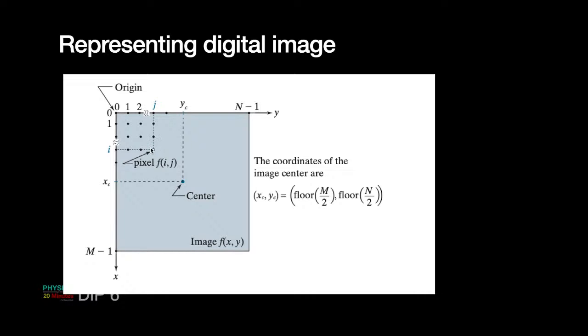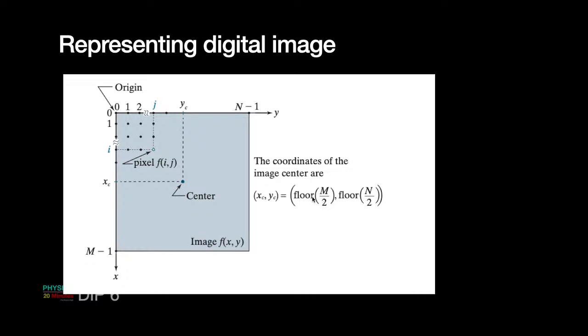Any pixel can be obtained by a running index i and j. So this can become an ij pixel. The coordinates of the center can be obtained by this formula. You divide the number of rows m by 2, number of columns n by 2, and if m and n are odd numbers, then you know that this will generate some decimal number.